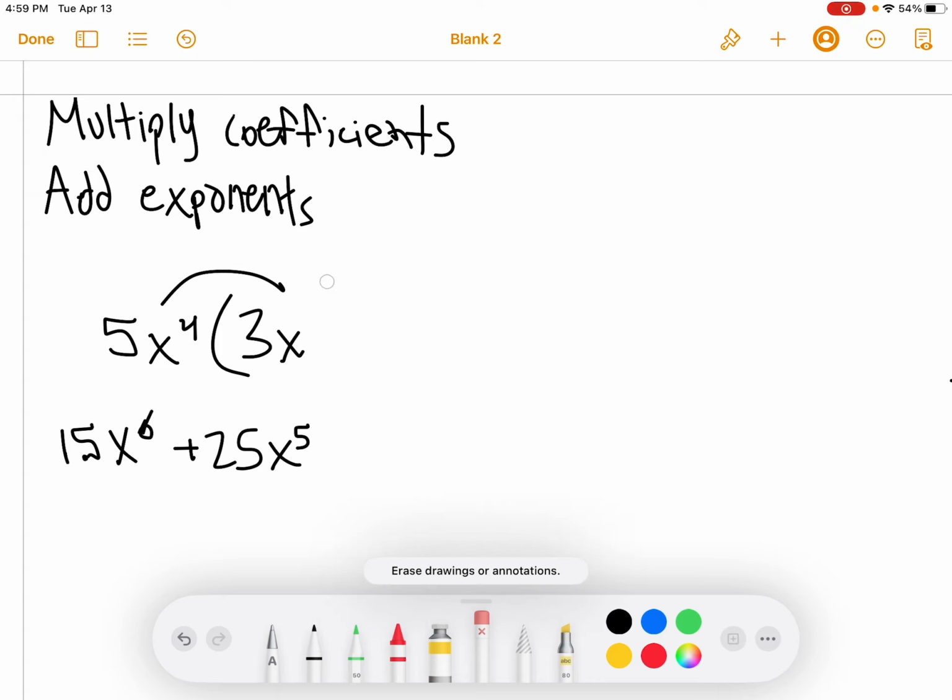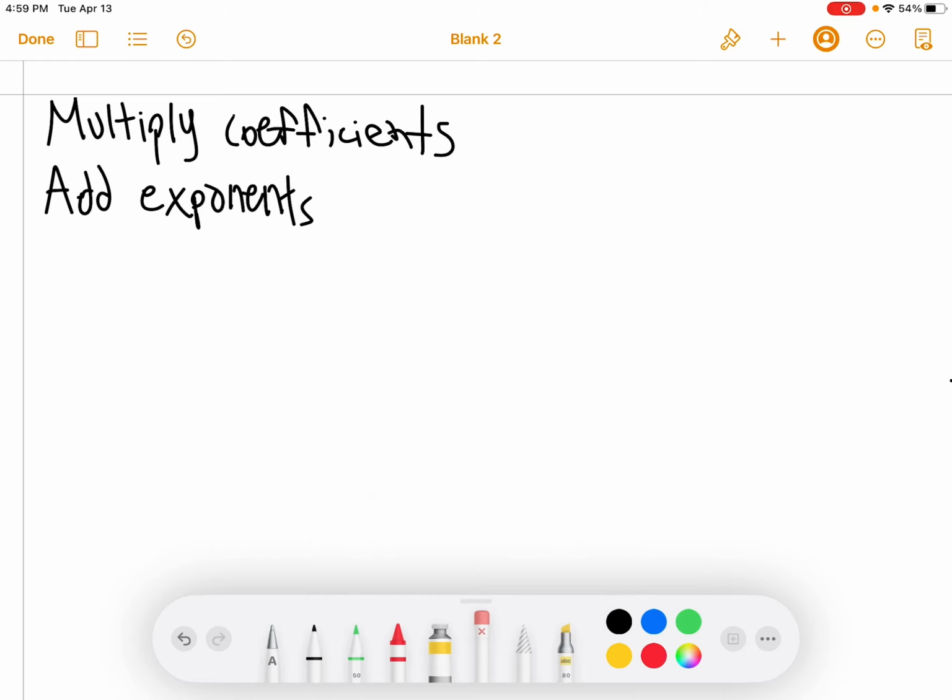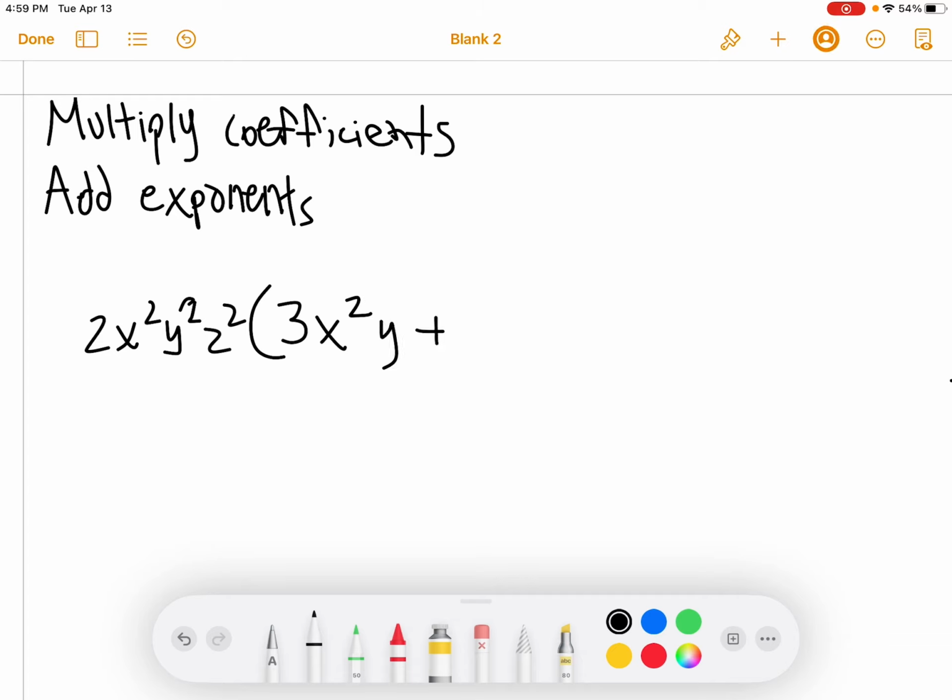Simple. Sometimes you also have more than one thing that you're distributing. How about 2x squared y squared z squared times (3x squared y plus 4yz plus 5).